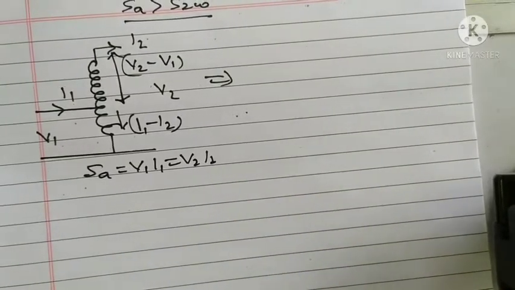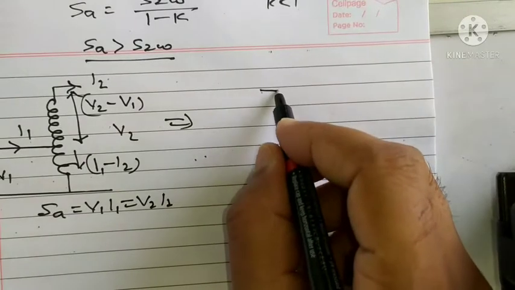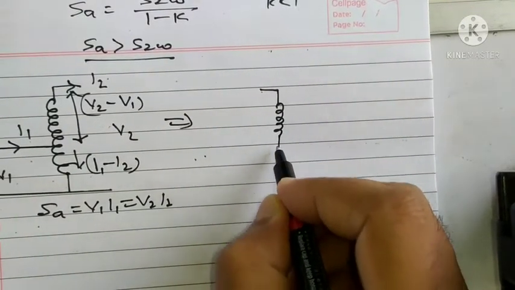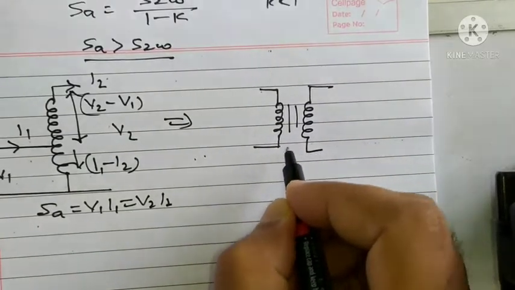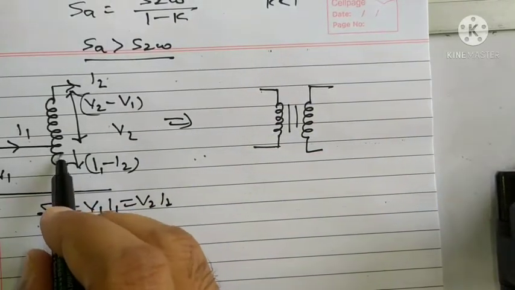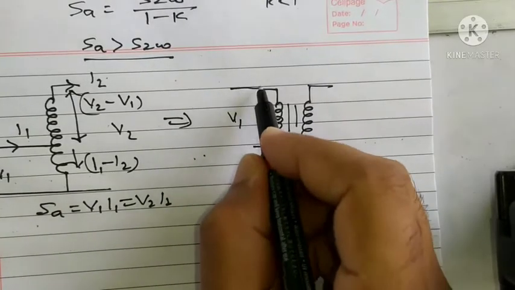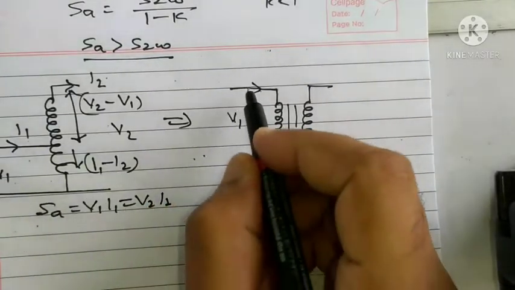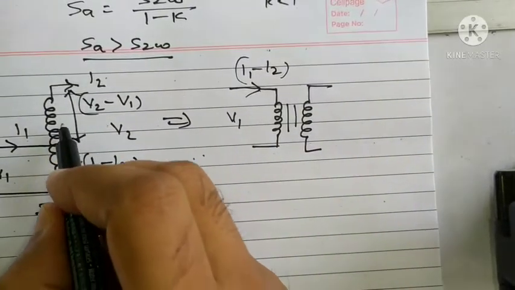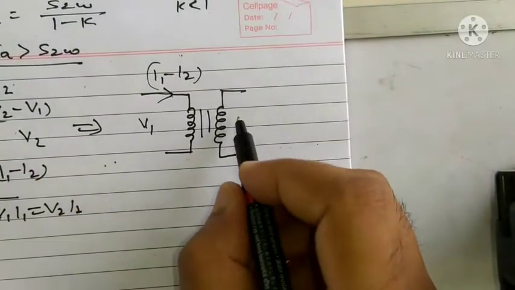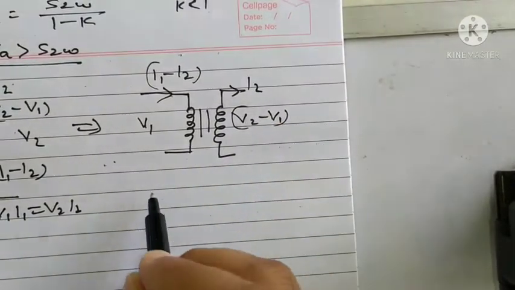Now let me take the two winding transformer. Here it is the two winding transformer. So this portion will be taken as primary, where voltage is V1 and current is I1 minus I2. And this portion is secondary, where voltage is V2 minus V1 and current is I2.